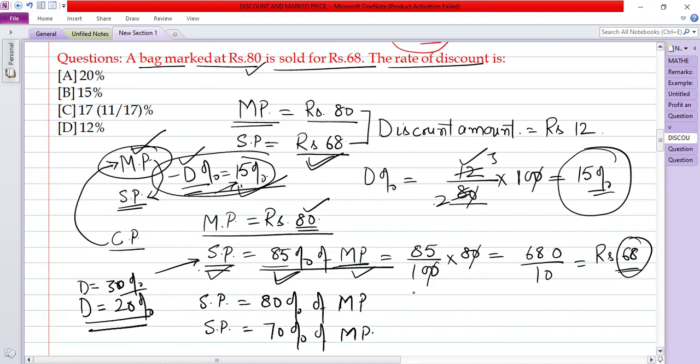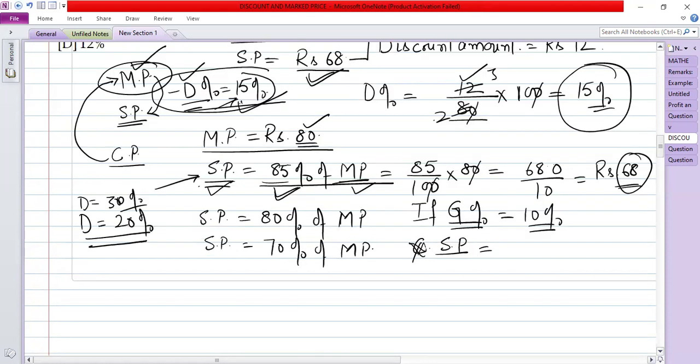Actually, it is just like the case which I discussed in the previous lecture on profit and loss. If the gain percent or profit percent is 10%, then what will be the selling price?